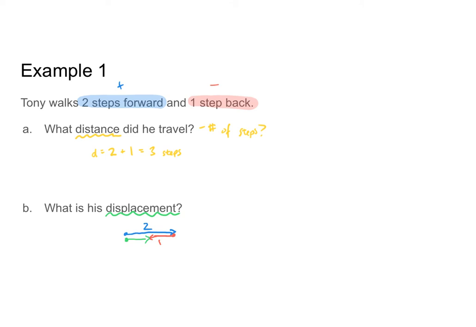And what I'll say is he walked 1 step forward. So he's 1 step away from where he started. So I know now Tony's distance is 3 steps because he took 3 total steps, but his displacement is only 1 step because he's only 1 step away from his start point.